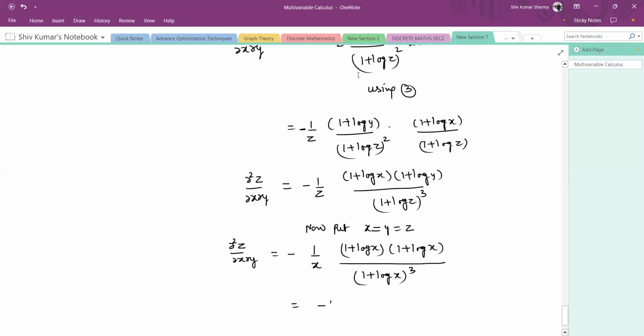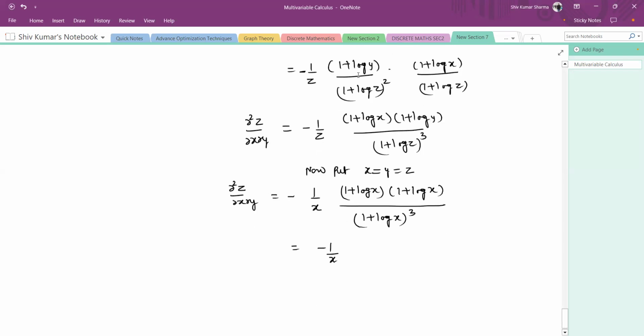So this gives us 1 upon x into 1 plus log x, or 1 plus log x, so 1 plus log x to the whole square. Denominator power is 3, so now we have only denominator power 1 plus log x. So now this you can write down as x raised to the power minus 1 into 1 plus log x raised to the power minus 1.